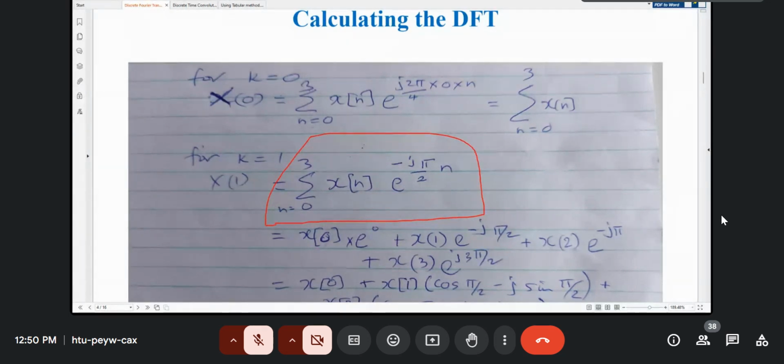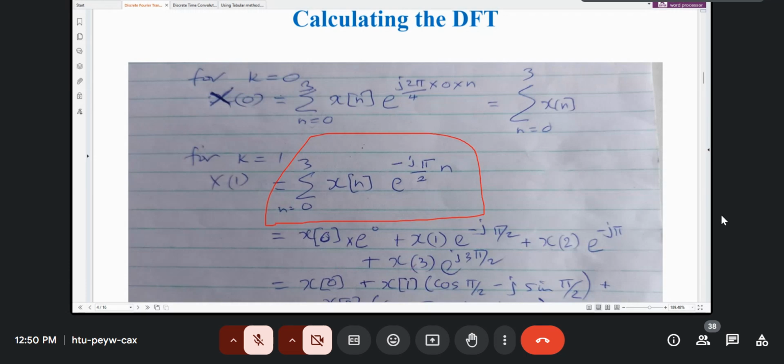So it is x of 0 times e to the 0, for n equal to 0. For n equal to 1, it's x of 1 times e to the minus j pi over 2. For n equal to 2, it is x of 2 times e to the minus j pi, because 2 and 2 cancel.